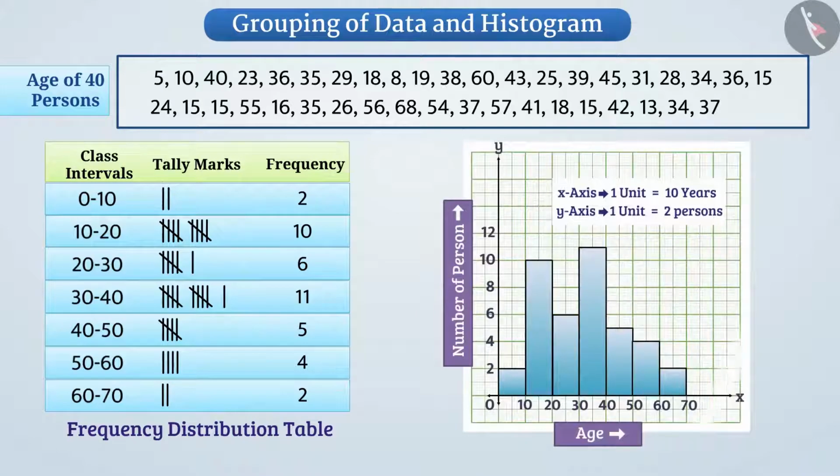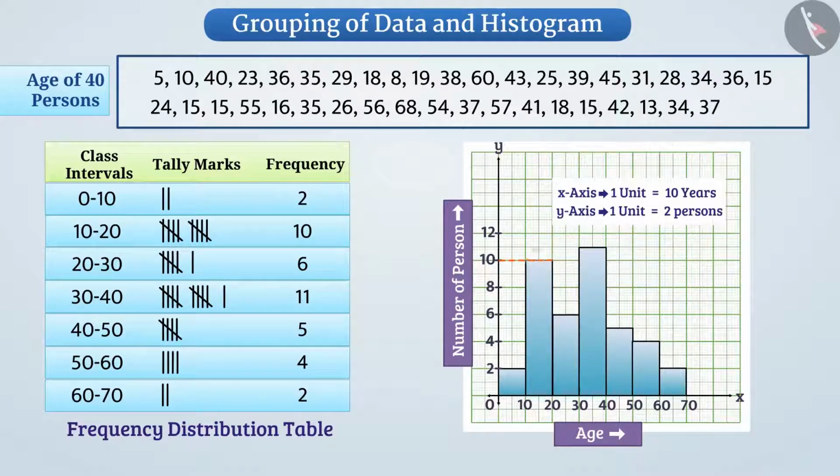In this graph, the class intervals are presented on the horizontal axis, for example, 0 to 10, 10 to 20, etc. Similarly, the number of persons is represented on the vertical axis. To show this, a scale of 1 unit equal to 2 persons has been taken.